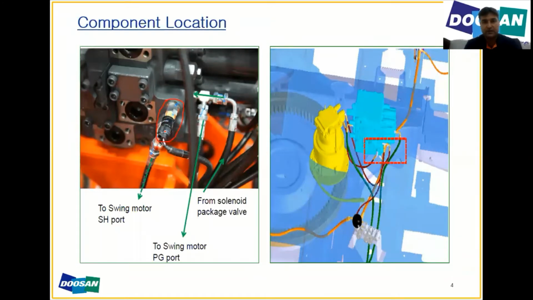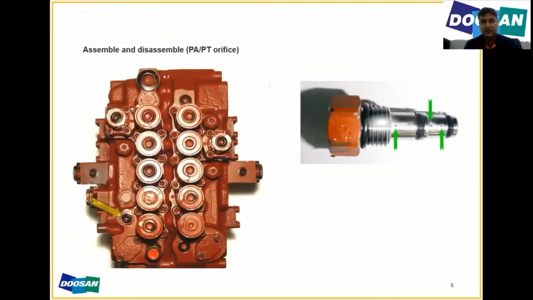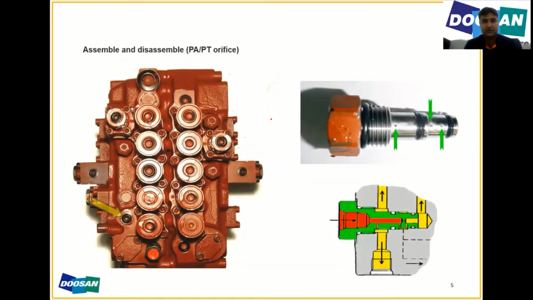But in the new model, the PT switch is at the MCV and the PA switch is located at the swing motor. Then we also have the PA-PT orifice. The EPOS, throttle controller and engine control motor we will discuss on the electrical side in the coming slides.